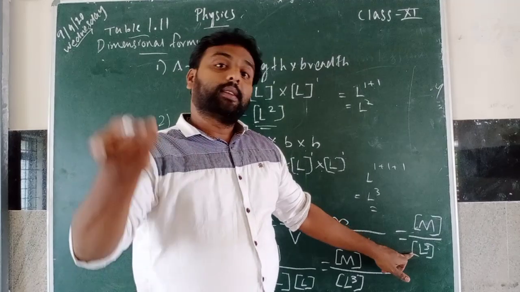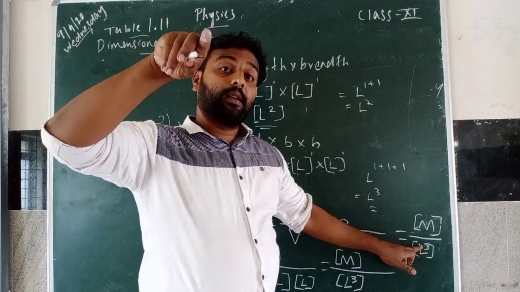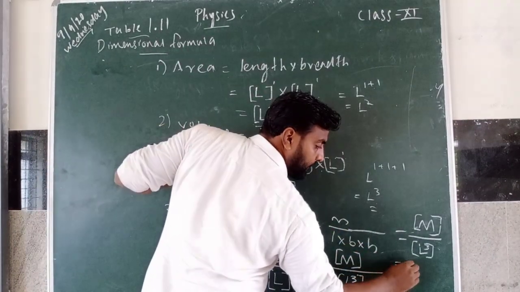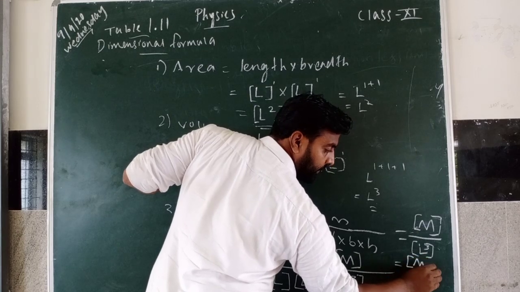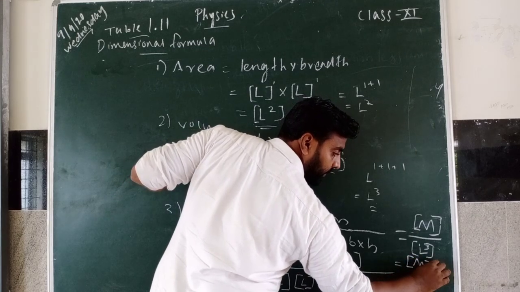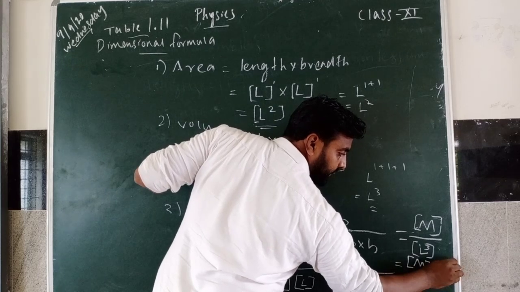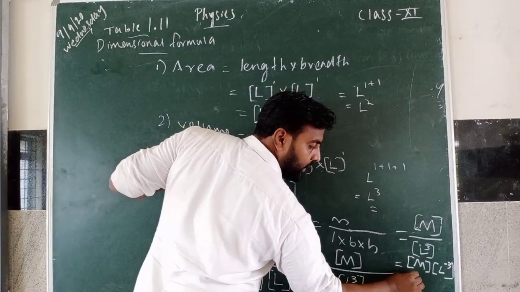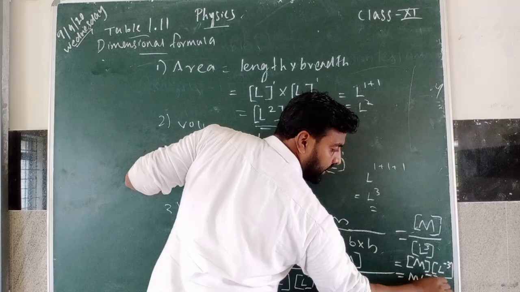Now when you take this L cube upside, it changes to minus 3. So the answer is M L power minus 3.